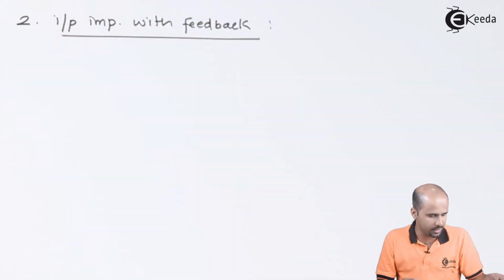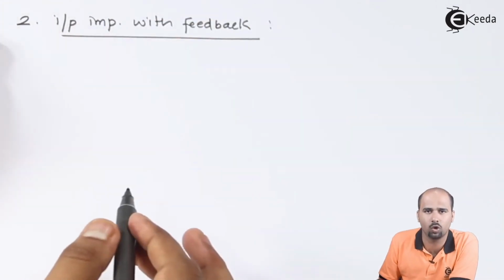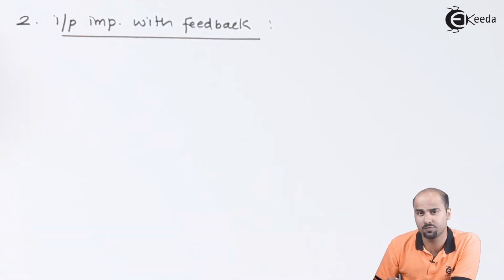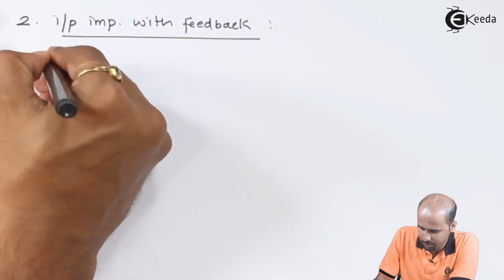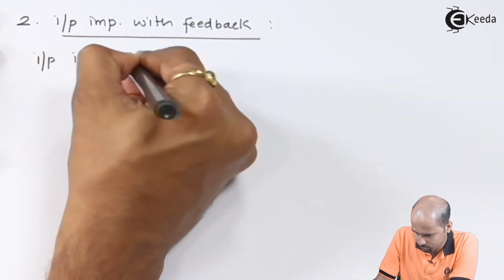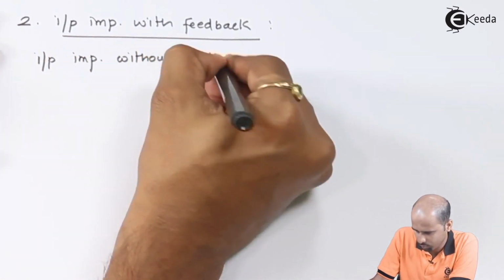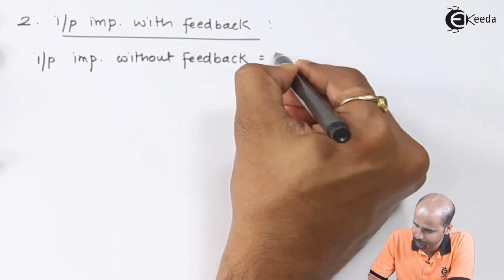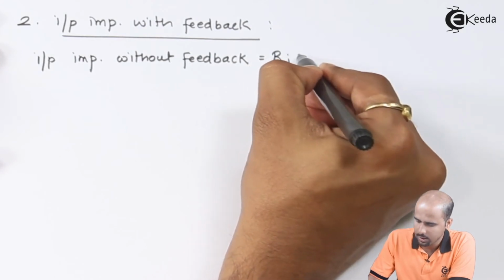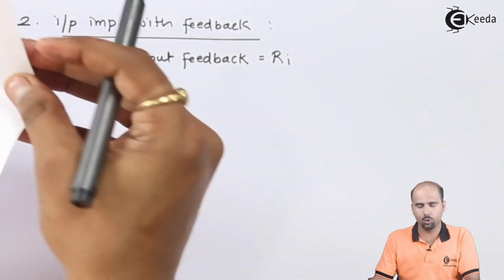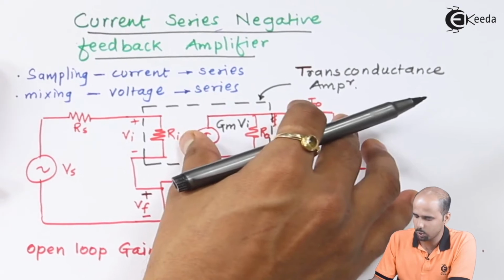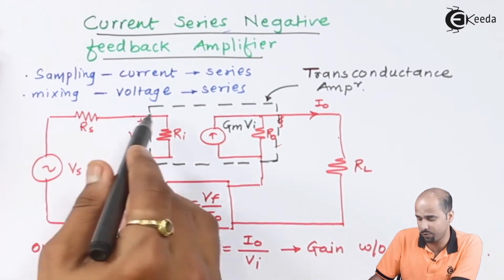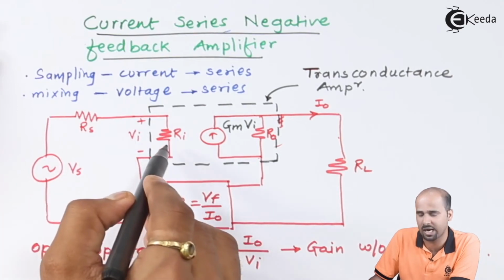To calculate it, I first have to know the input impedance without feedback, which is Ri. Looking at this circuit, the current is the same through Rs as well as Ri.